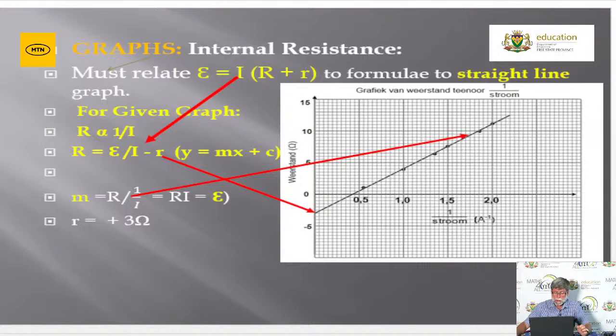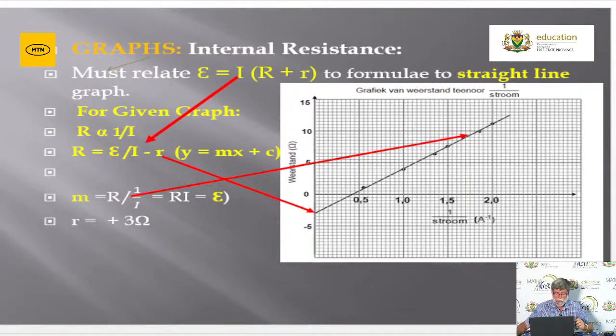Now, you can say R equals the EMF, which is the gradient, divided by I, and then you will see you have a y-intercept, and your y-intercept has a minus value, and that minus value is the value of the internal resistance of the battery, and the gradient indicates the EMF.